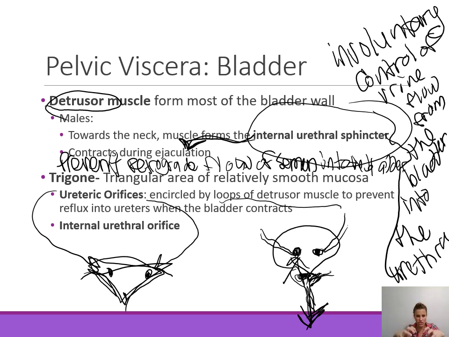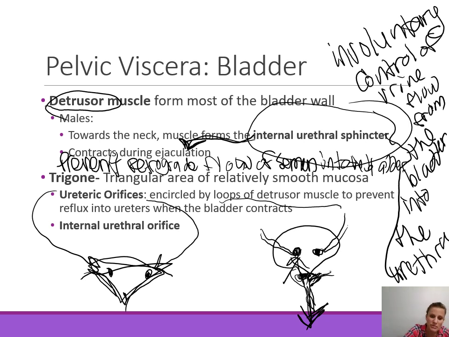And so when the bladder contracts to squeeze out urine, that squeezes these ureteric orifices closed. And that's important because when the bladder contracts, we want urine to go out through the urethra. We don't want urine to go backwards, back up into the ureters.